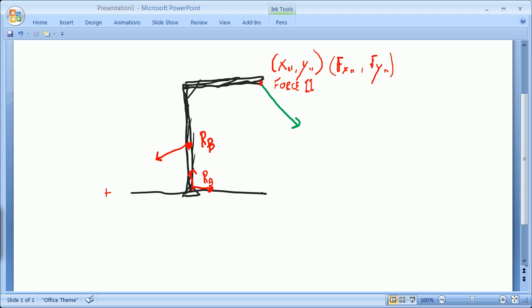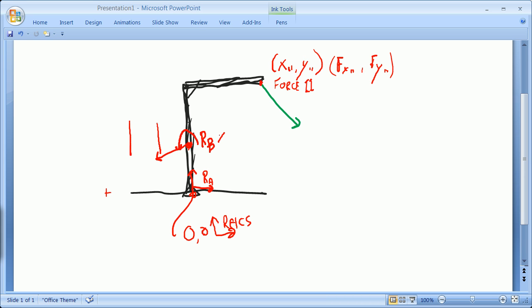And we're talking about here, of course, knowing this is my 0, 0 point and a right-hand coordinate system. And that'll become obvious.